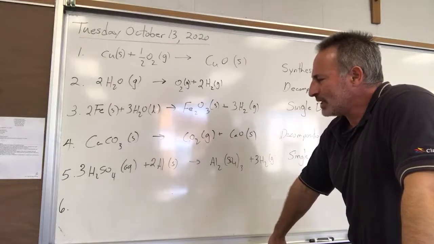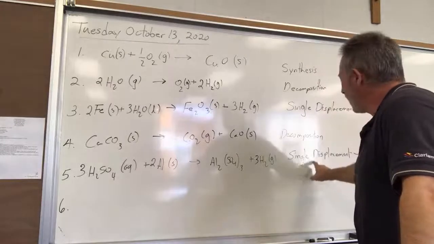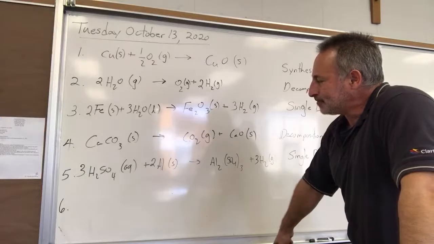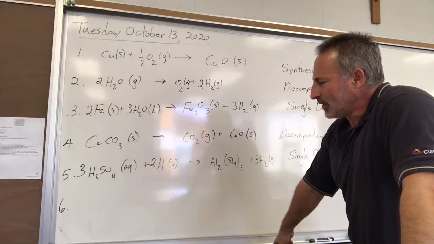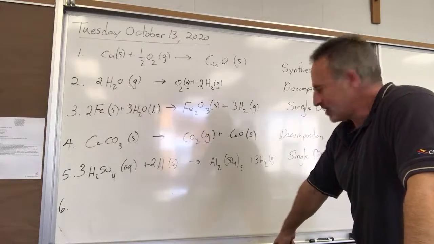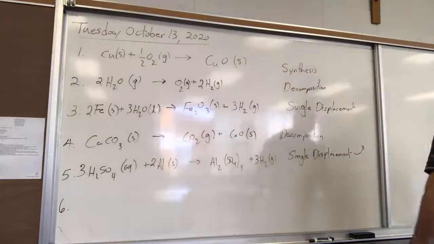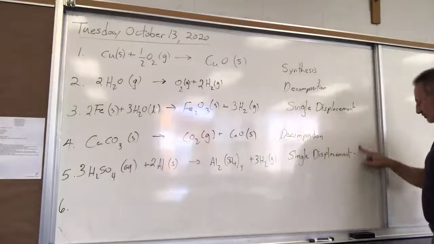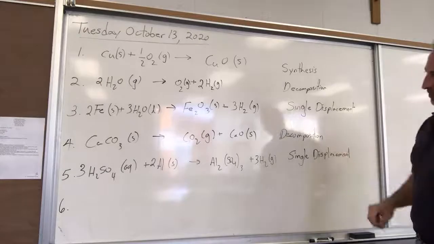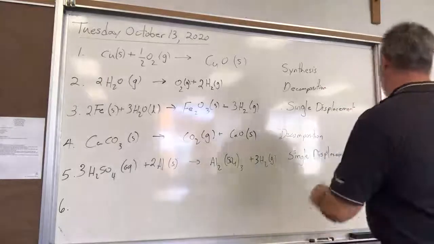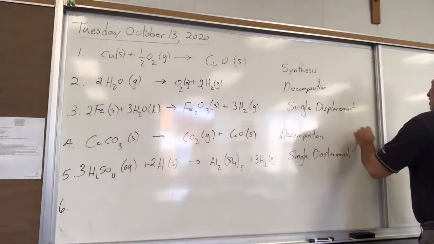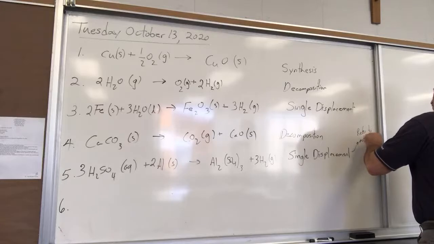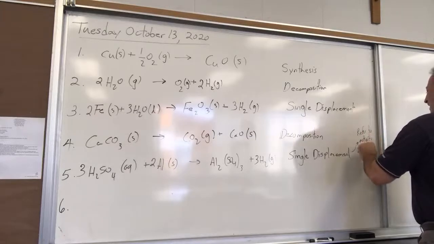The way you can predict that is by finding out where the metal is on the activity series. And the activity series, I'll teach it to you later, and I'll show you an example specifically when we finish, but I'll just make a note here. Refer to activity series, because that's how you can predict whether the reaction will happen or not.